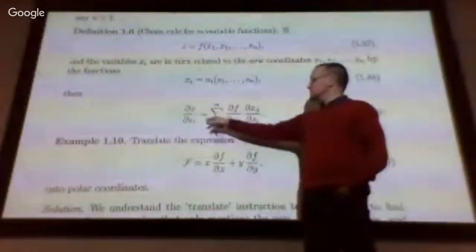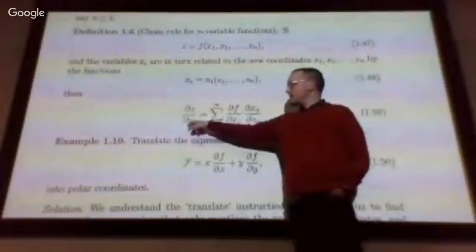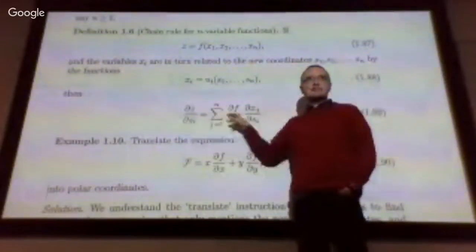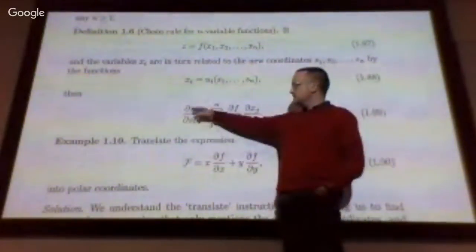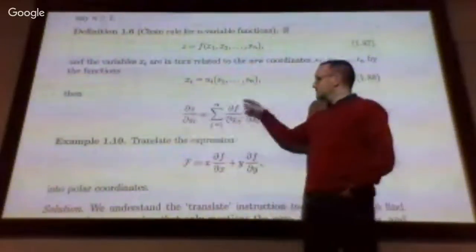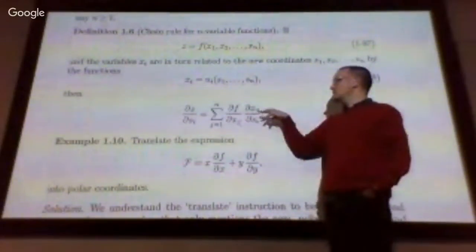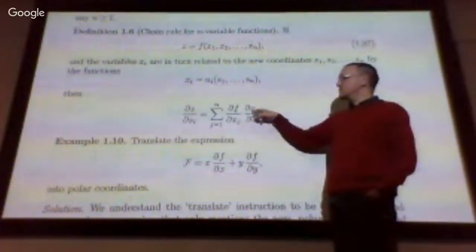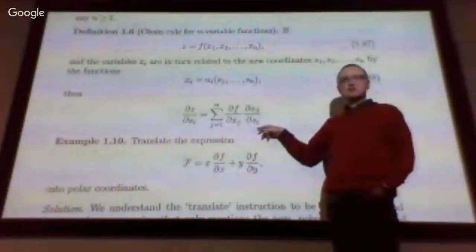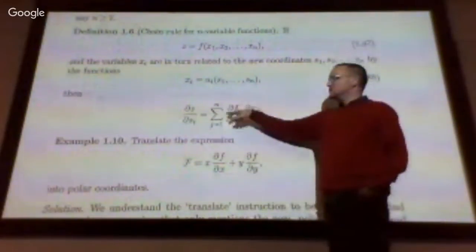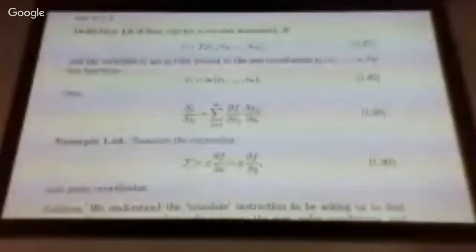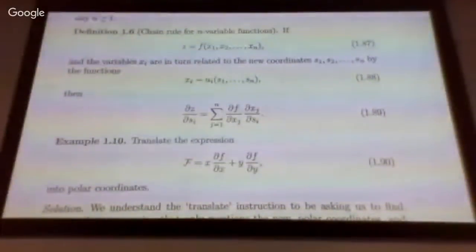So it's the same derivatives with respect to si being taken on the left and the right. On the left-hand side you have df/dsi. On the right-hand side you have a linear combination of the partial derivatives of each of the old coordinates with respect to this new coordinate, and the coefficients in that linear combination are the partial derivatives of the original function f with respect to the original system of coordinates.